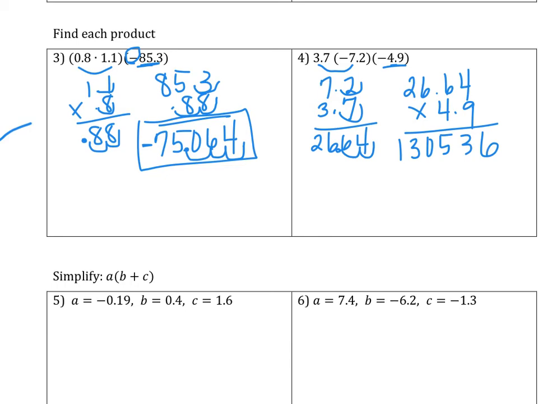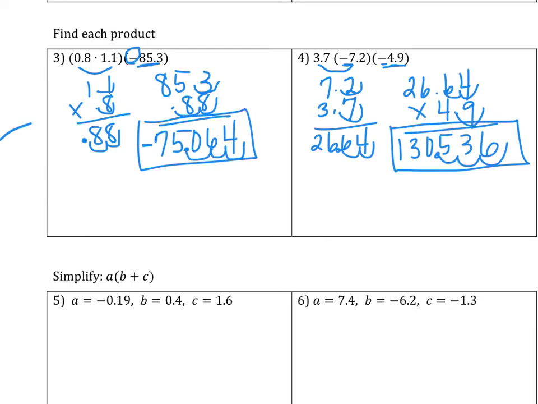And now count my decimal places. 1, 2, 3. And now check for my signs. I have one negative here and 1 negative here, so that's 2 negatives, so that means it stays positive. Negative times negative is positive. So that is my answer for number 4.